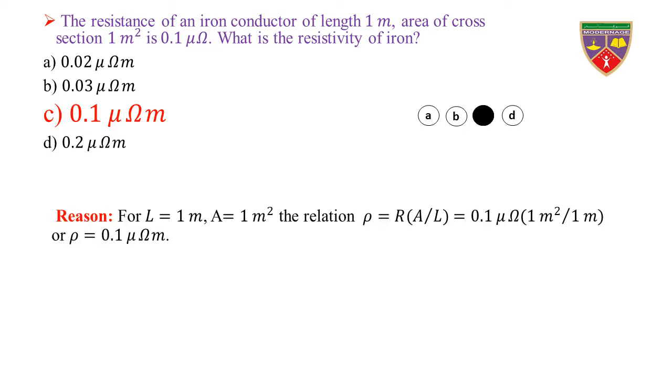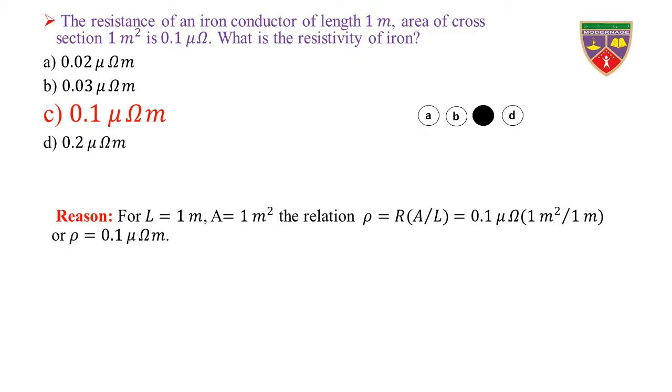Reason. For L is equal to 1 meter, A is equal to 1 square meter, the relation rho is equal to R into A divided by L is equal to 0.1 micro ohm into 1 square meter divided by 1 meter.